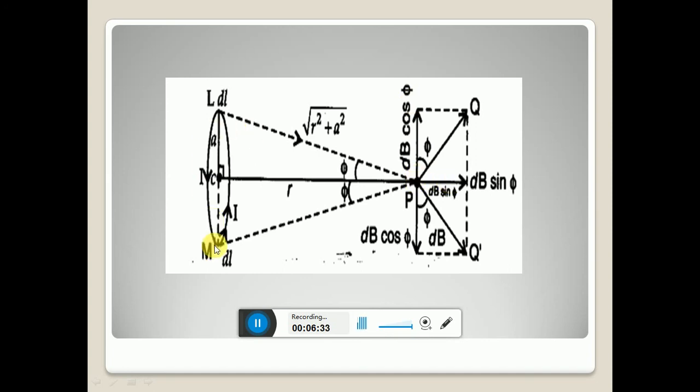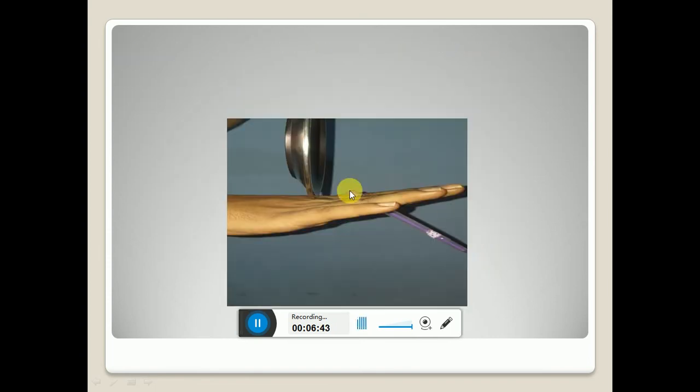Similarly, for the lower part, the dL points into the plane of the board, then the magnetic field will be pointing in this direction along Q dash. So if the direction of current is pointing into the plane, then the direction of magnetic field will be pointing in this direction.